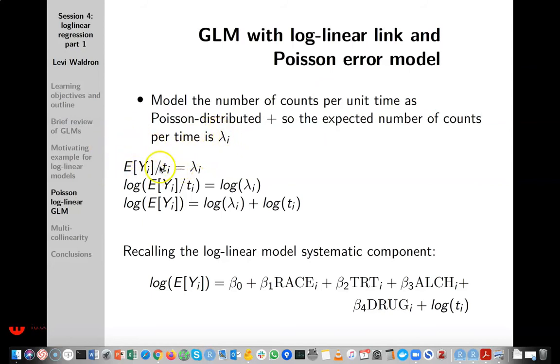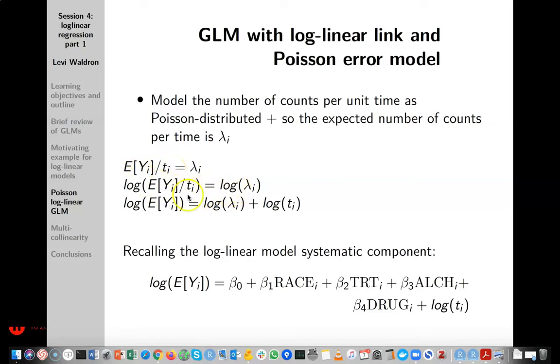So that looks like this. The expected value of y per time is equal to lambda i. So this is the parameter of the Poisson distribution, and it's modeling this as the mean of the Poisson distribution.